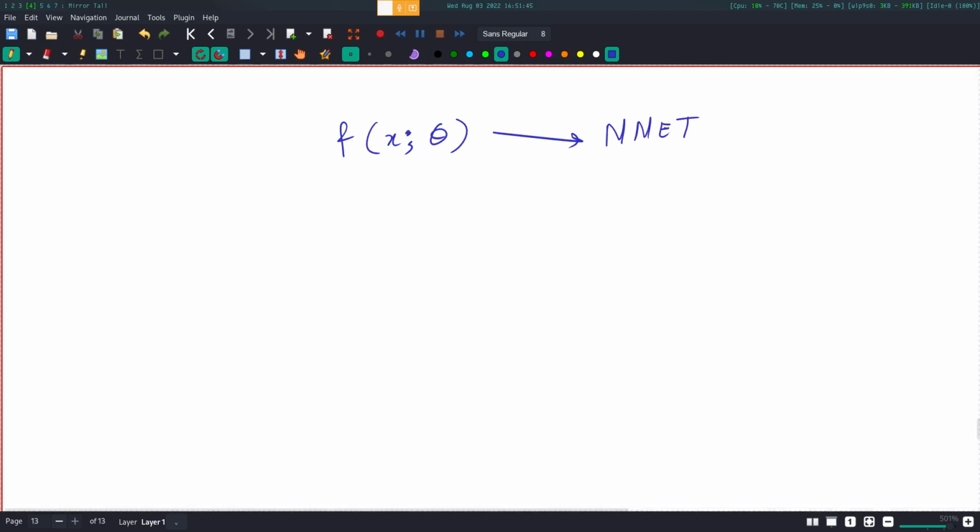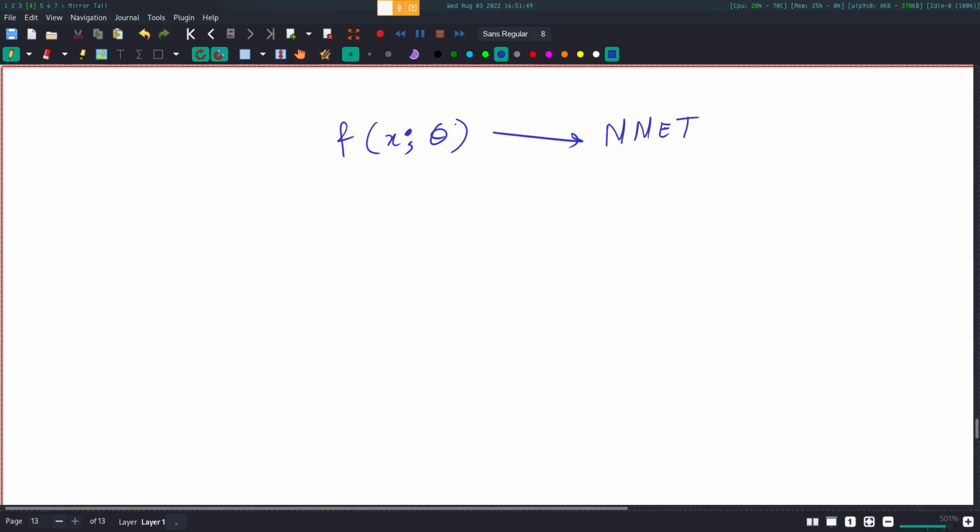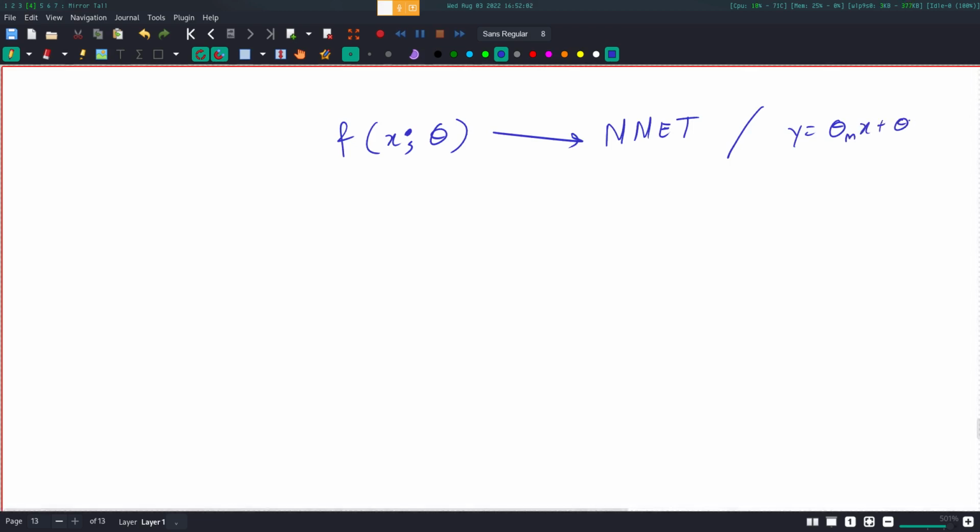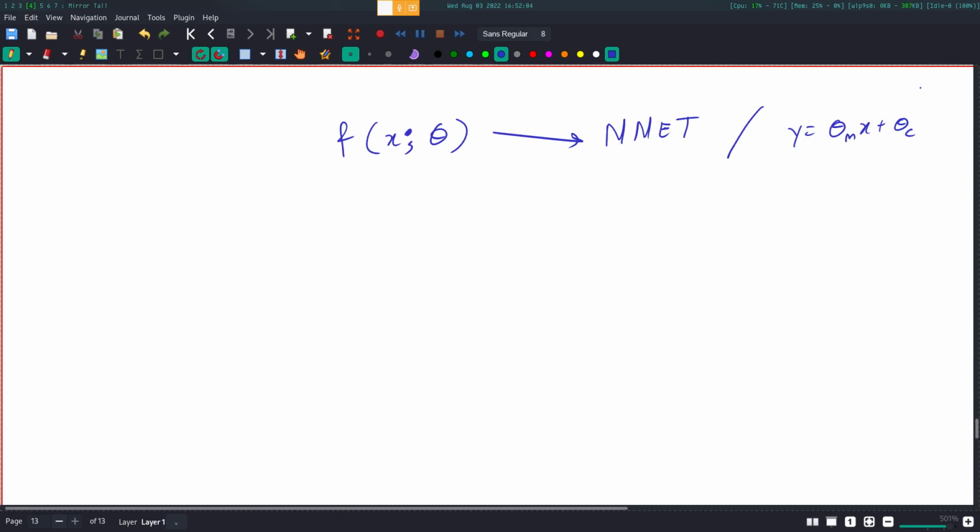It's some complicated parameterized function approximator, but if you want, for now, just think of it as something that looks like y is equal to theta m x plus theta c, right? It's something more complicated than that, which is a neural network, but that's fine.